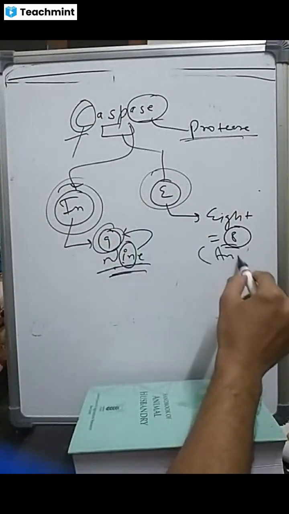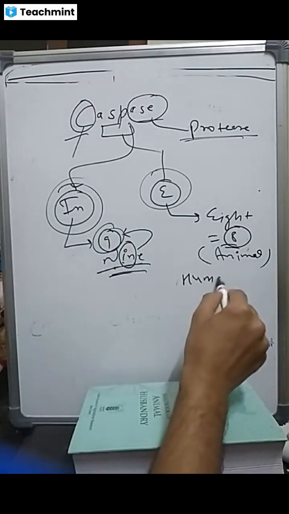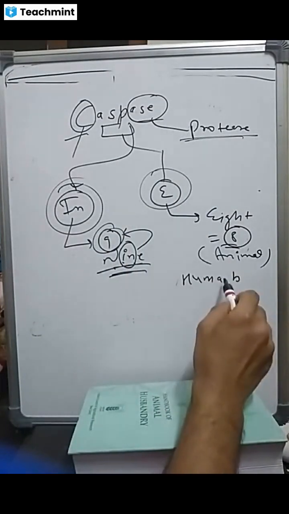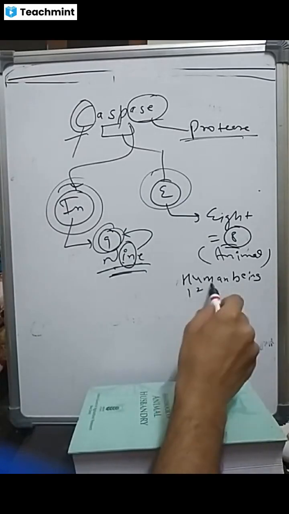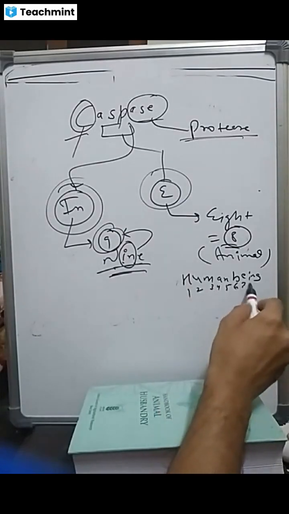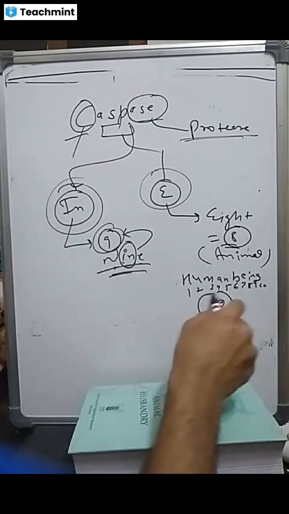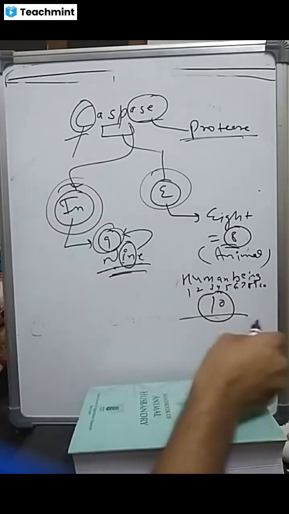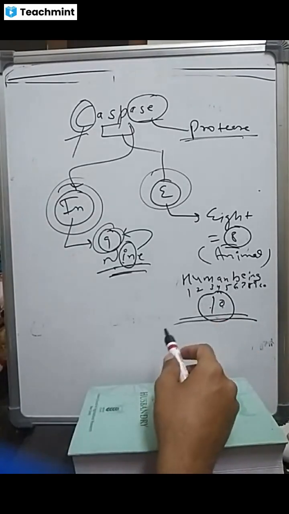This 8 is for animals. In the case of human beings, it is easy to remember: 1, 2, 3, 4, 5, 6, 7, 8, 9, 10. There are 10 letters in human being. So caspase number 10 in the case of human beings.